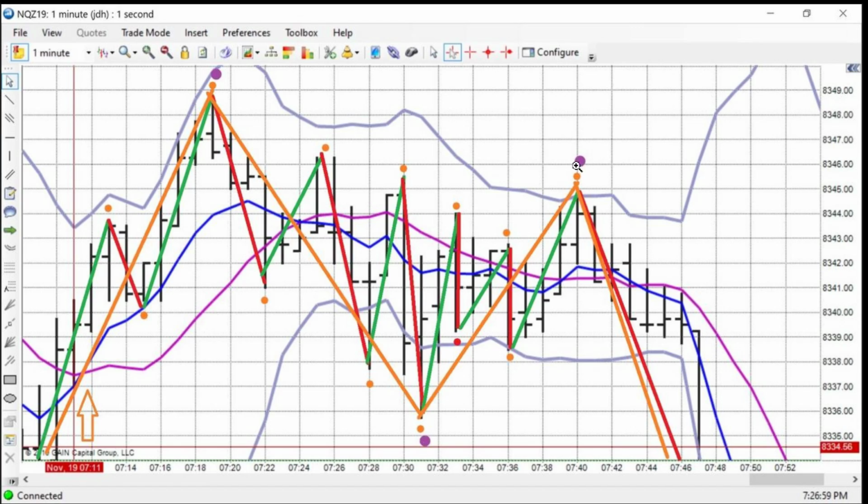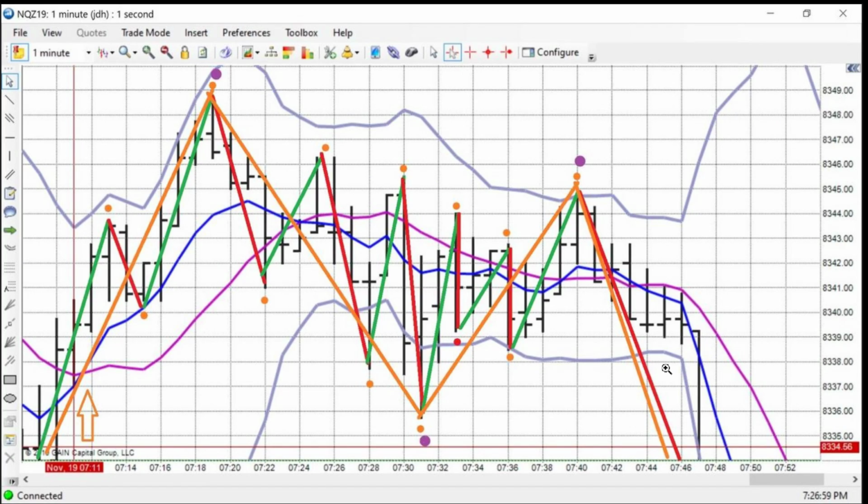I was looking for a number 3 point here, and that told me that was a 1-2-3 top pattern, and it was about to break out below this support area of this congestion area. So I was alerted well in advance to get ready to go short at the breakout of this support, as I'll show here. Just a beautiful trade right there.